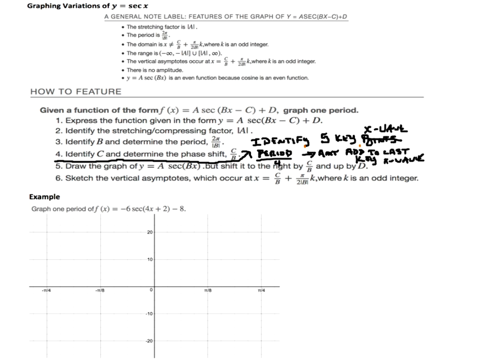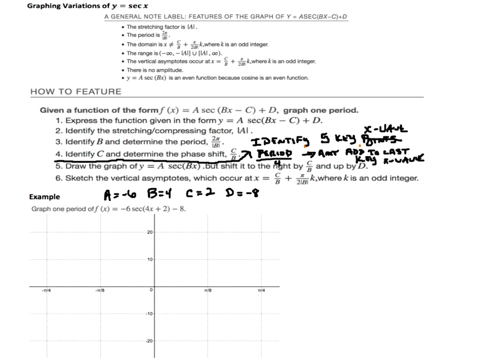Okay, so our first step is to express the function in its full form, a times the secant of b times x minus c, plus d. So just identifying those different values, a, b, c, and d. My a is -6, b is 4, c is 2, and d is -8.